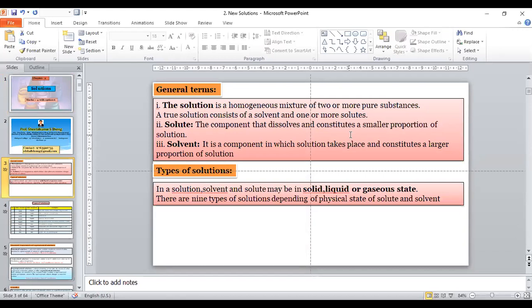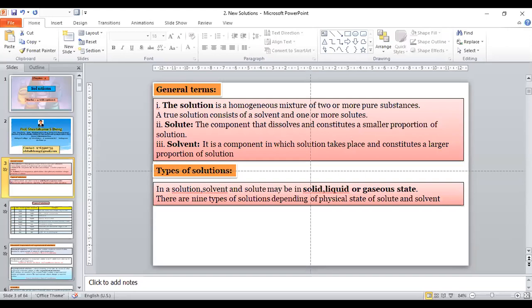But before this, one picture is created in your mind that a solution always contains a solid solute and the solvent is liquid. But it is not true. Solute and solvent can be solid, liquid, or gases, and depending upon this, there are 9 types of solutions.